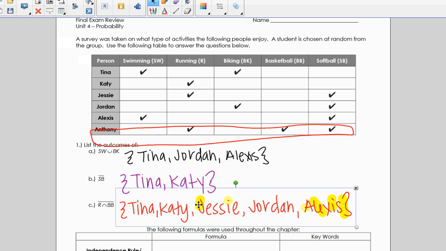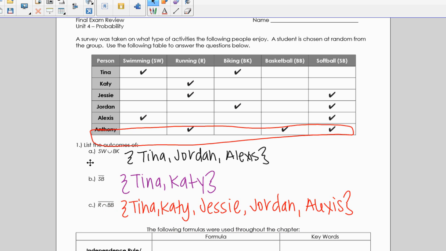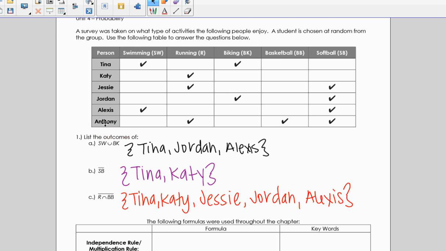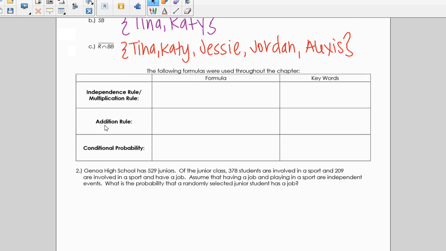The other questions you could get asked are like, how many people like this, whatever, but you're still analyzing who likes what. Okay. So then we went through a couple different formulas. There were 3 big formulas that we used throughout the chapter. The first one was the independence rule, which we also used for multiplication. Okay.